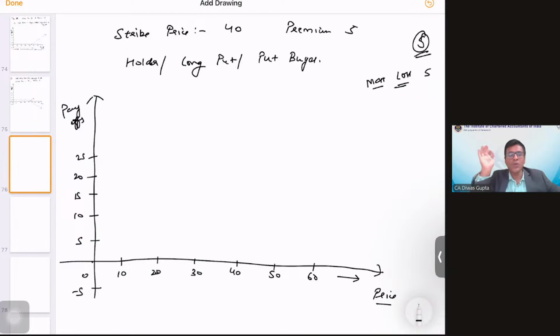Is this statement understood by all of you, students? Till what price will the maximum loss be 5 rupees? Or let's say, at what price will there be no gain, no loss?